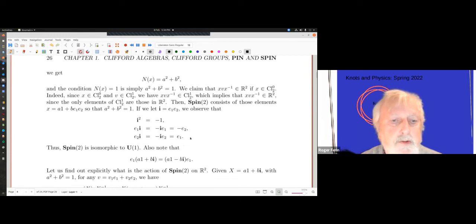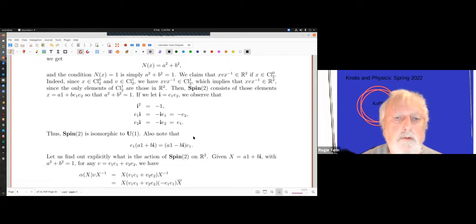And multiplying an element a plus bi by e1, we get the conjugate times e1, so as it passes through.